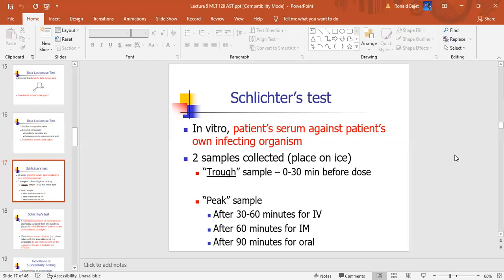Say, for example, it diminished down to here. You do a trough level here, it's going to be 0. So between this point and this point, what's happening? You're not protected. You don't have any measurable antibiotic level.